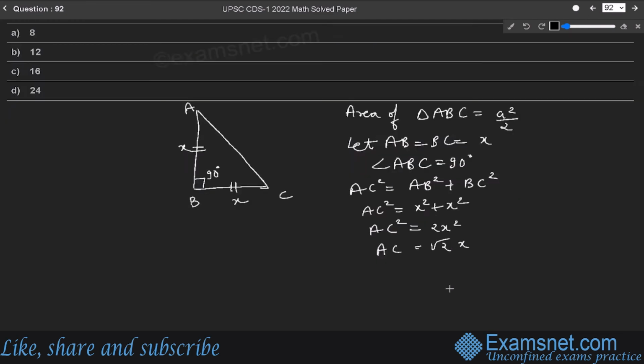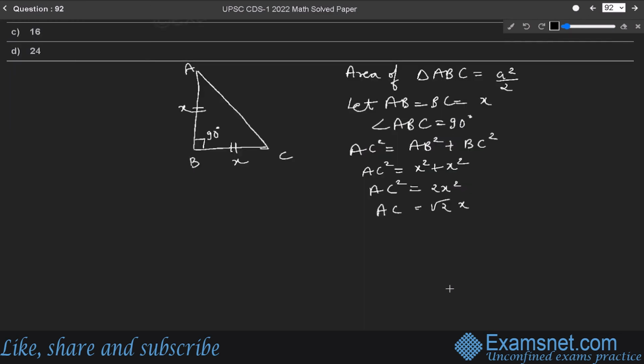Now, the perimeter of the given triangle will be, we know that the perimeter of a triangle is the sum of all the sides. So it will be AB plus BC plus CA. So it will be X plus X plus root 2 x, and the perimeter is already given in the question, which is 4 into (2 plus root 2).